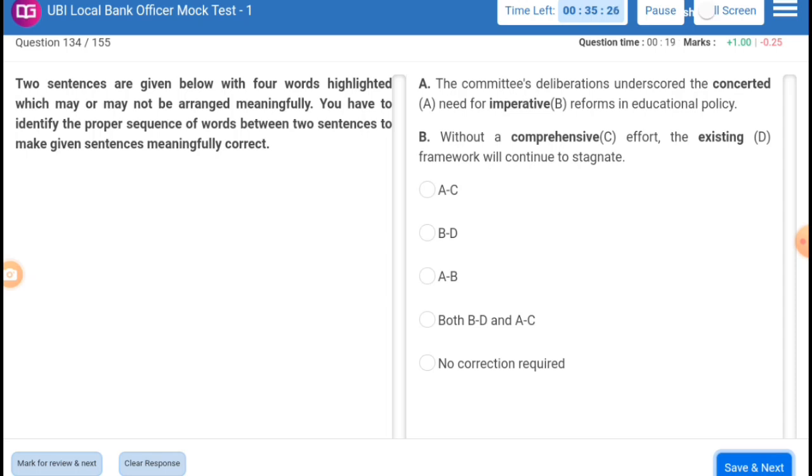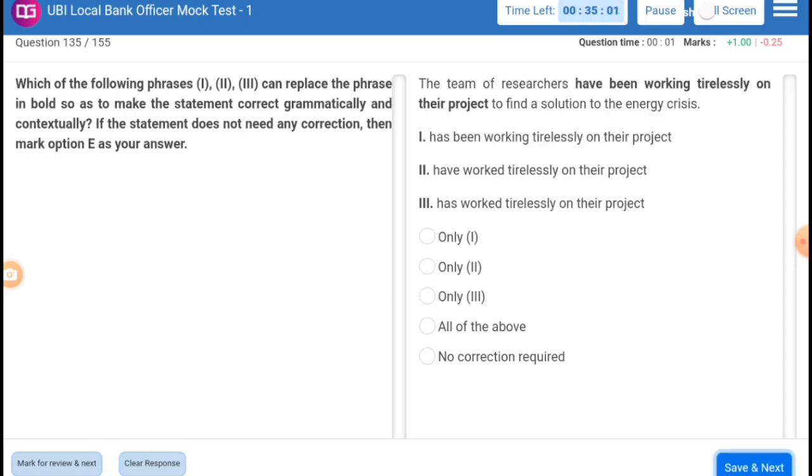Without a comprehensive effort the existing framework will continue. You see. The team of researchers have worked tirelessly on their project.